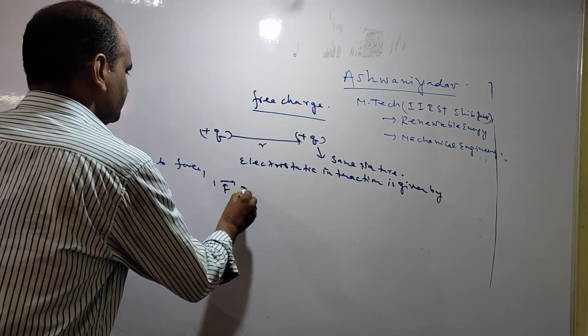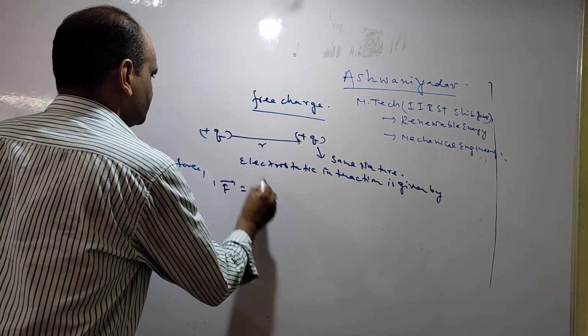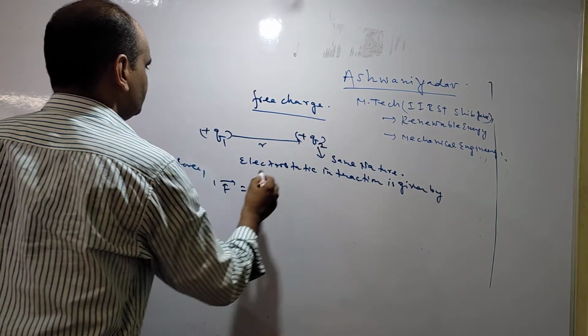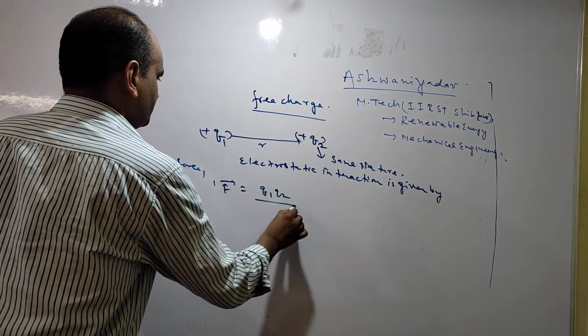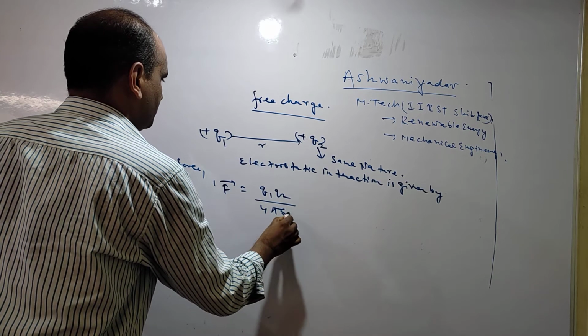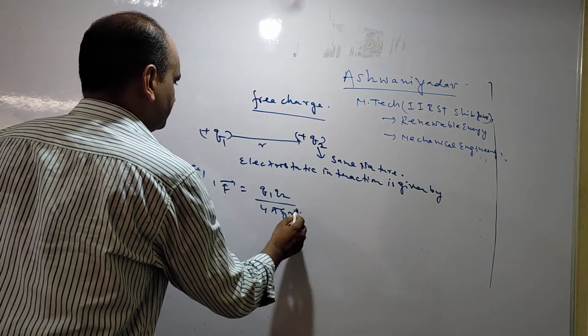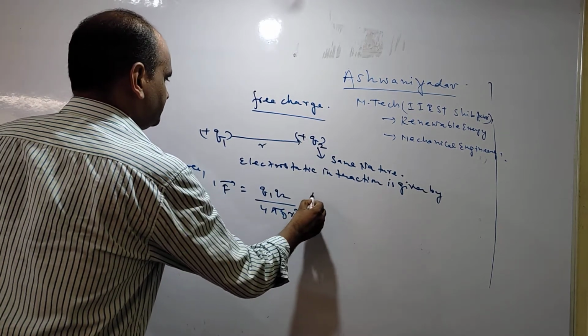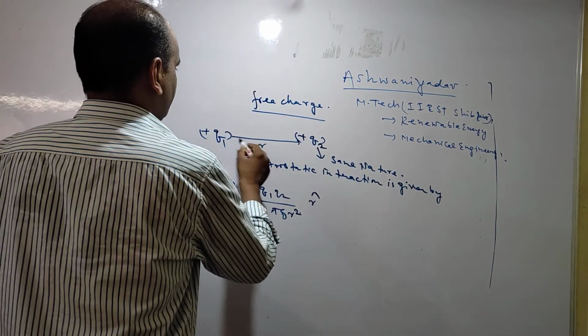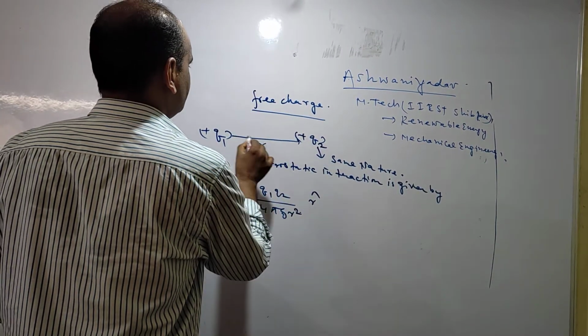F is a vector quantity equal to the product of the charges, q1 and q2, divided by 4 pi epsilon naught r square. This is the magnitude and this is the unit vector, and the direction is the line joining the two points.